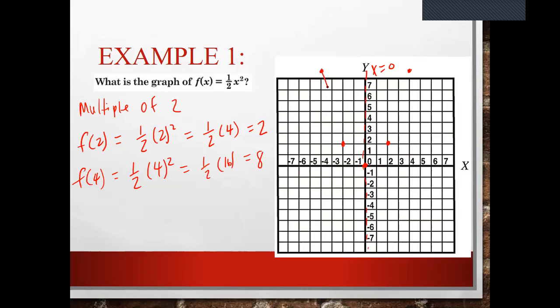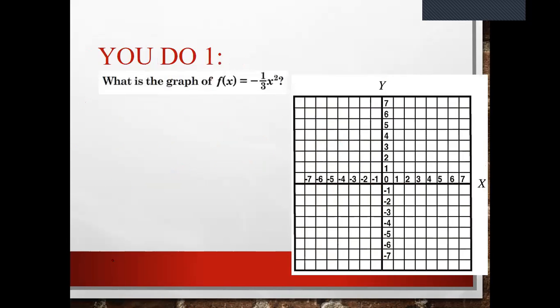And then connect my dots. I'm doing my very best to connect my dots. Boom. And that is how you graph by hand. How do we do? Easy enough? Okay, so here's yours. Give it a shot.